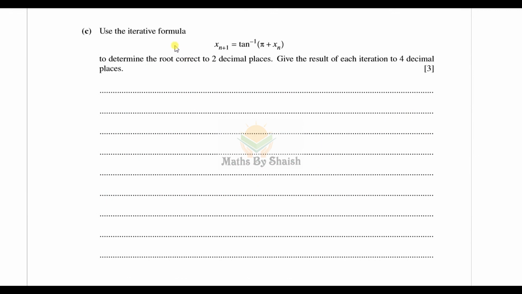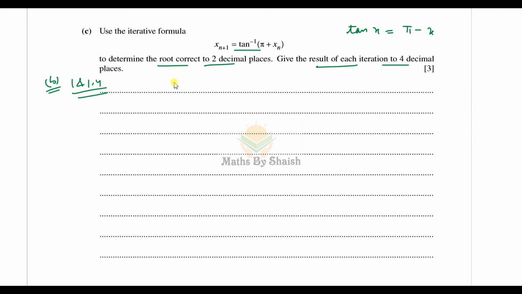Using the iterative formula, we need to determine the root correct to 2 dp, and it is given that you need to write the answer to 4 decimal places for each iteration. We have this iterative formula, they have made it from the condition, that is tan x is equal to pi plus x. In the B part we have seen that the root lies between 1 and 1.4, so we can take any value between this.